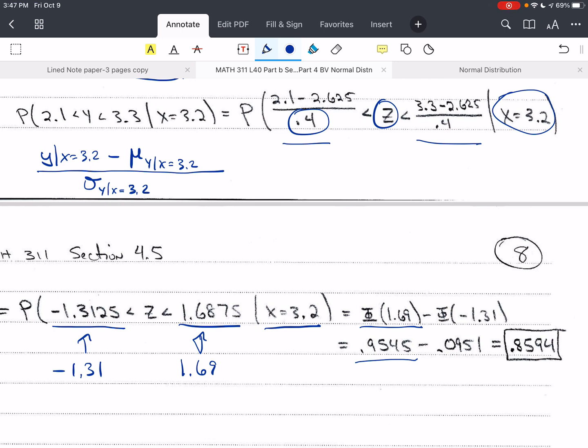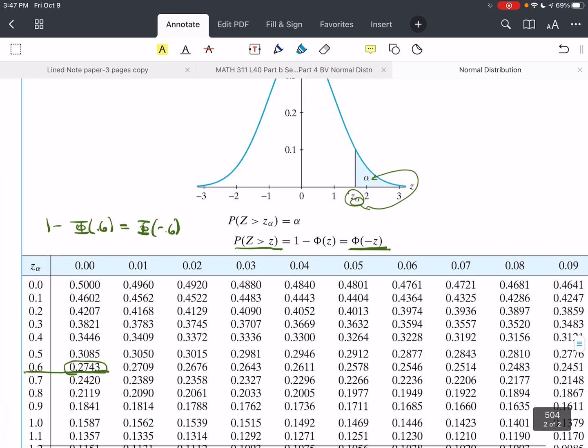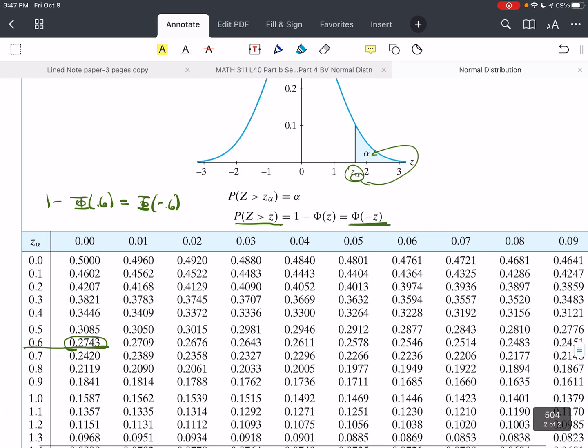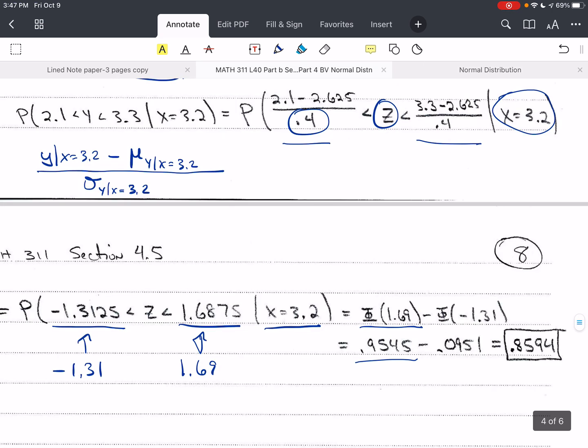And then I need phi of negative 1.31. So I go to the second part of the table and look it up. Oh, I'm sorry, I looked up 3.4.